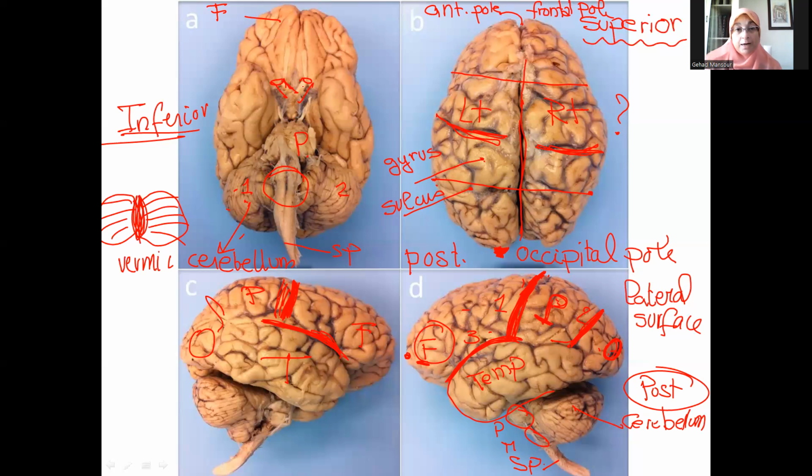So I'll just label it here, and then we will discuss it later on. Of course, behind the frontal lobe, we have the parietal lobe and the temporal lobe. But what is seen here is the lowermost part of the temporal lobe. This temporal lobe has an extension on the inferior surface of the brain.